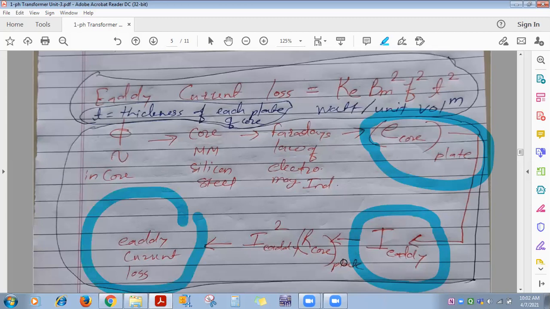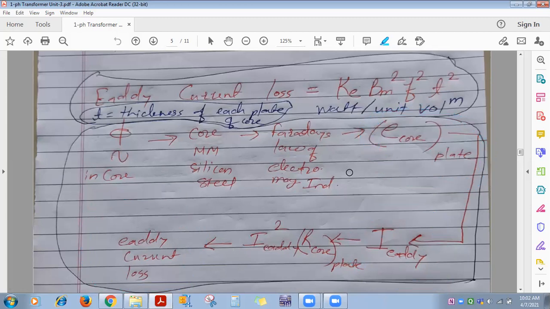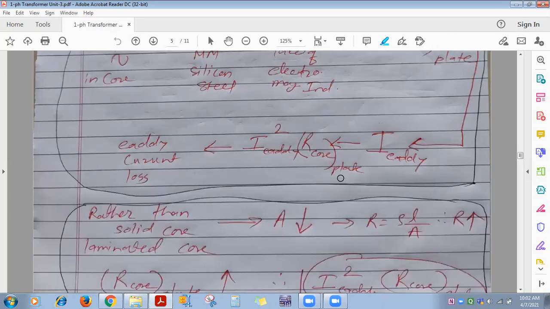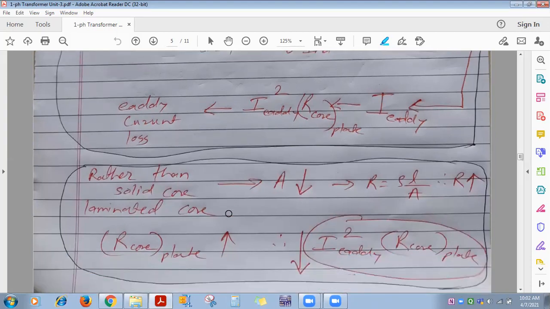Wherever there is opposition, some amount of heat gets produced, isn't it? And that is called eddy current loss. So here, what is happening? You are not using a solid core, you are using a laminated core, isn't it? Thin plates separated by varnish. As you have used laminated core rather than solid core, it means the cross-sectional area is minimized.